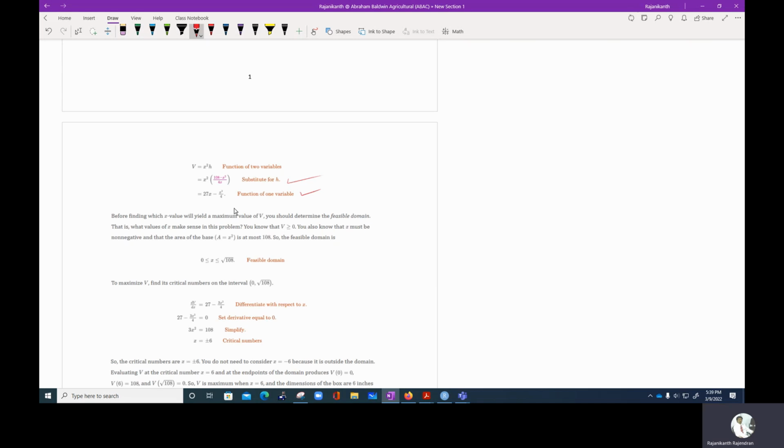Now this function has only one variable. Now you know how to find the maximum and minimum. So this function has a maximum value. First, find the first derivative. Remember the condition. This is the condition because the surface area is this. I know the surface area is supposed to be 108, right?